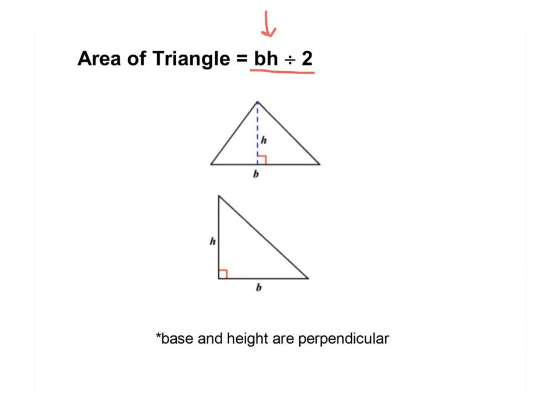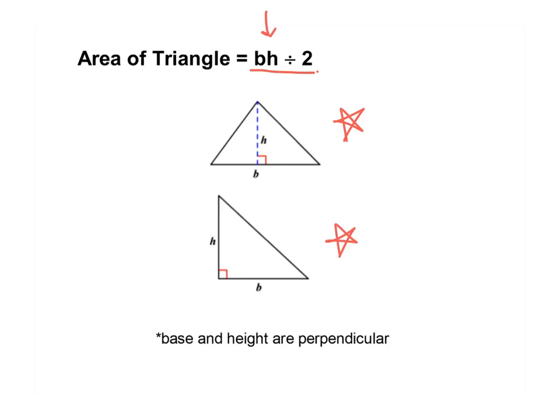So if we take our parallelogram and divide it by 2, we'll have the area for a triangle. Okay, so any triangle that you have, you can always use this formula, base times height divided by 2. And just like with our parallelogram, the base and the height have to be perpendicular. Okay, so this picture right here is just showing that height drawn in to be perpendicular to the base.